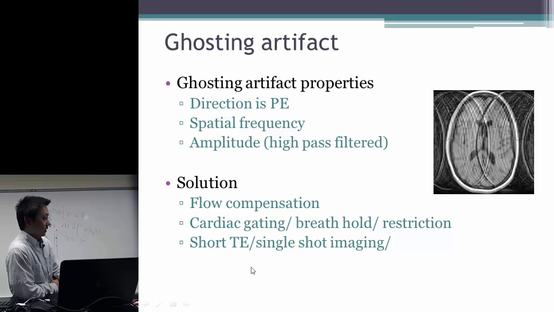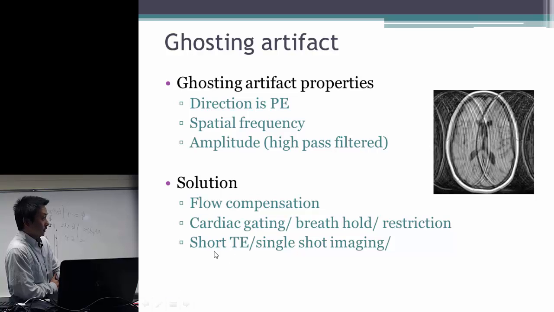We only collect the data at a certain phase of the cardiac cycle. We do a breath hold, so that there is less motion in the chest. And also we use some restraint measures to fix body parts, like the head, so that you don't move around.